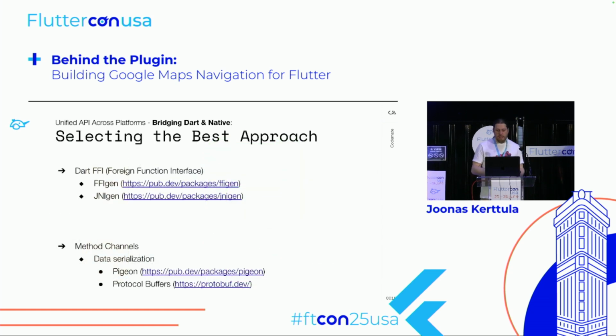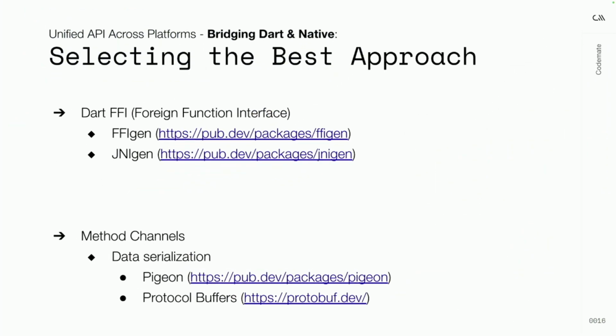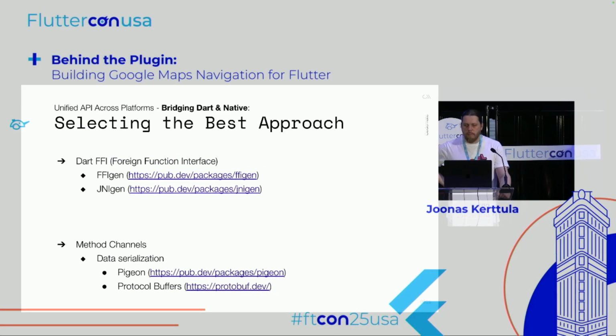And in selecting the best approach between these two, Dart FFI using FFIgen and JNIgen, and method channel and data serialization, we had two choices for data serialization for our method channels: Pigeon, which was quite new at the time, and protocol buffers.